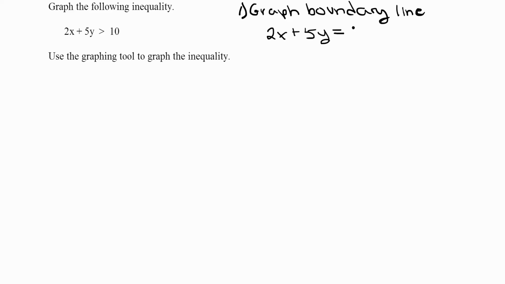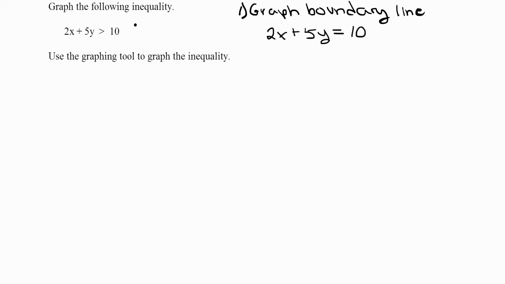equals 10. And one thing we do have to determine when we're graphing the boundary line is whether it's going to be a solid line or a dashed line. The line is going to be solid if the points on that line also are solutions to the inequality. It will be a dashed line if the points on that line are not solutions to the inequality.